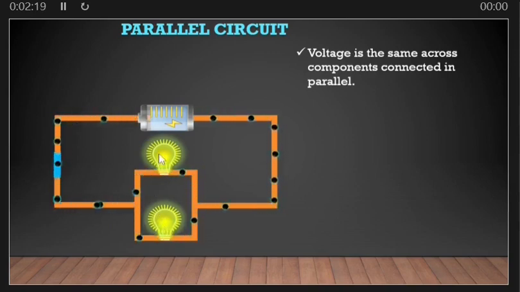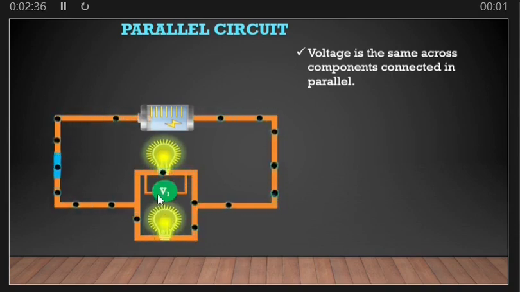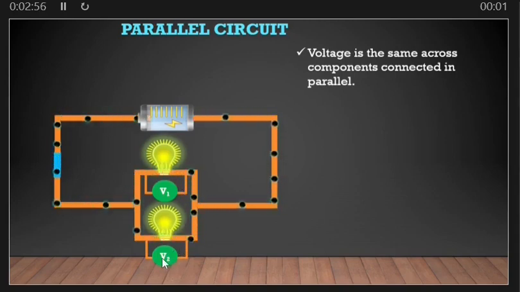The voltage across this electric lamp and the voltage across this electric lamp is actually the same. For example, in real life, if you connected a voltmeter across this lamp and called it V1, and connected another across this lamp and called it V2, then the voltages you read from these two voltmeters are going to be the same.